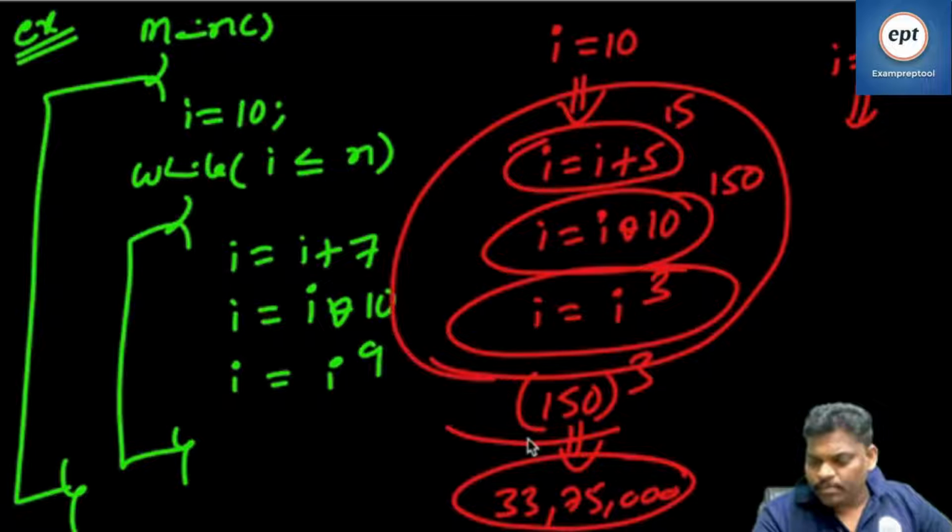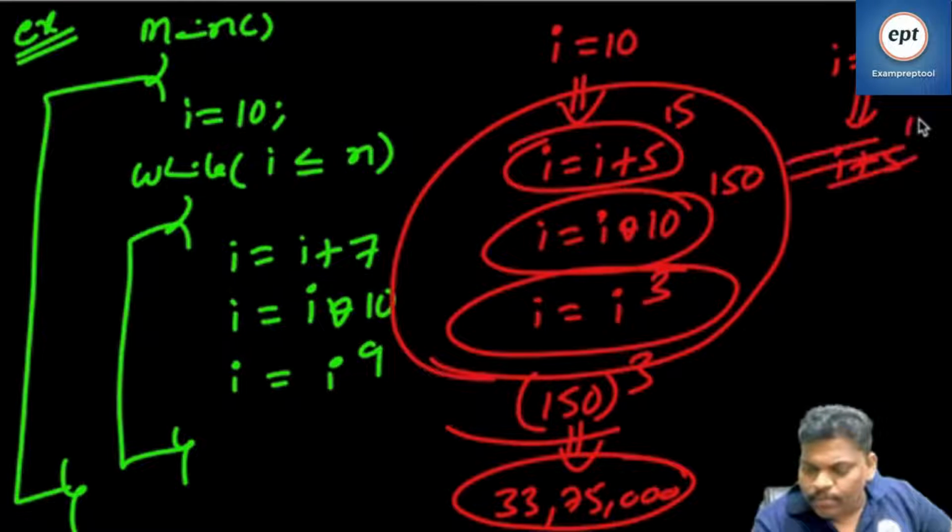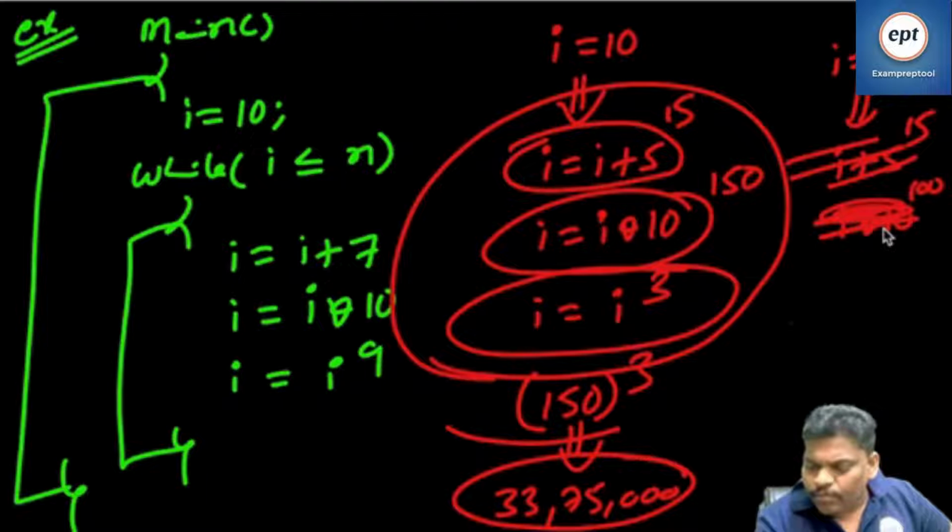If I do only I plus 5, it will give only 15. If I do only I into 10, it will give 10 into 10, 100. If I do only I cube, it is going to be 1000.